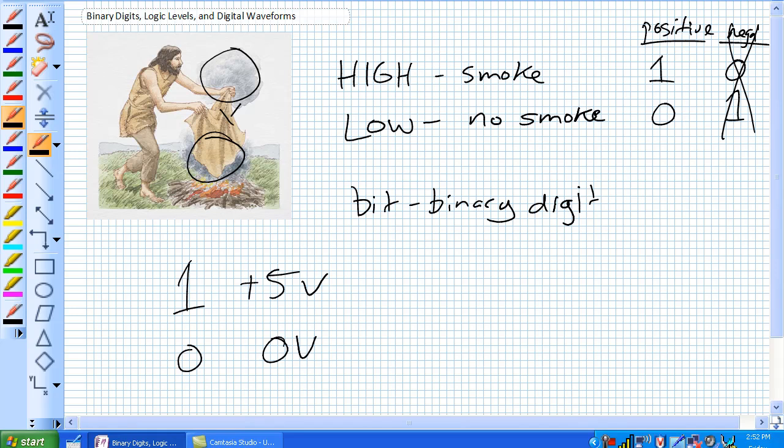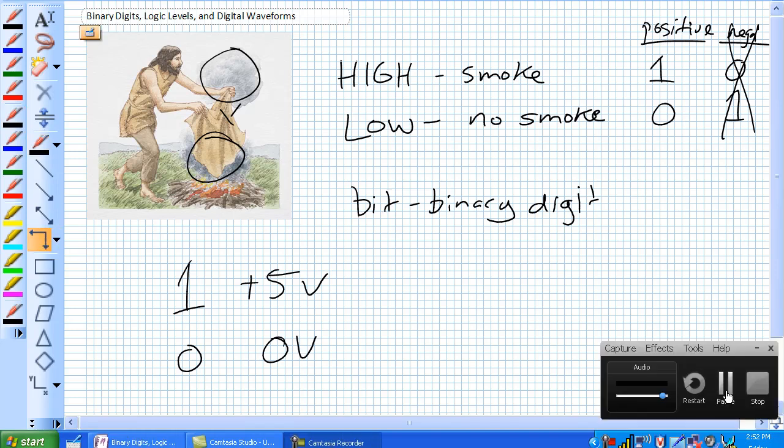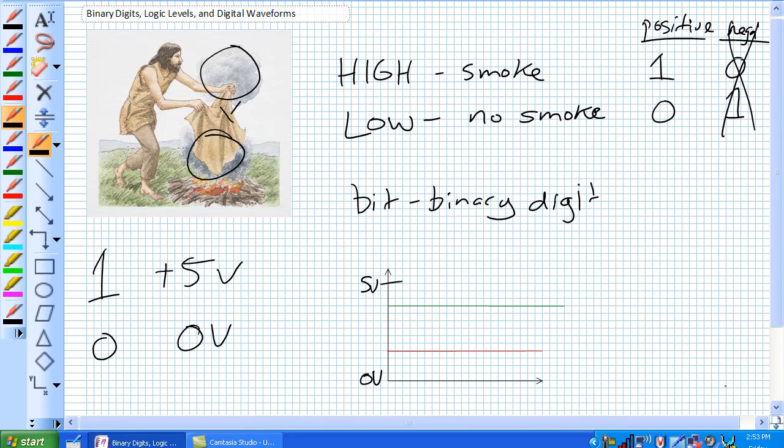For a TTL circuit, I'm going to draw a graph here. Ideally, if we had a logic value of exactly 5, we know it's in the high region. If we had a waveform exactly at 0, we know it is within the low range.